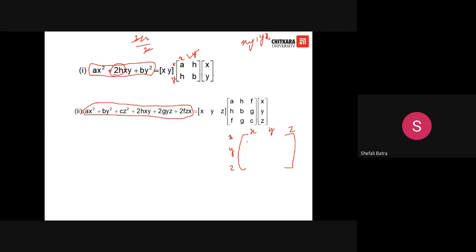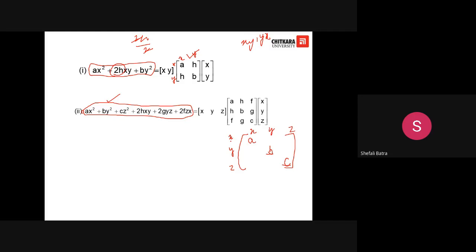What would it be? A. Then y square: what will be the coefficient of y square? B. So we write B here. Similarly z square, this would be your zz, so the coefficient of z square is C.